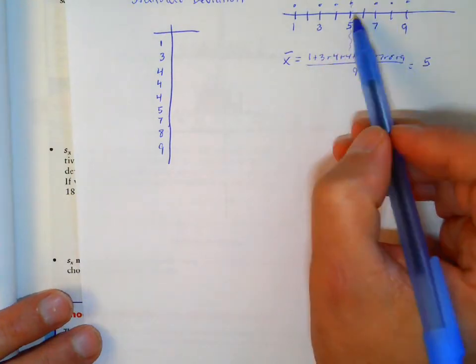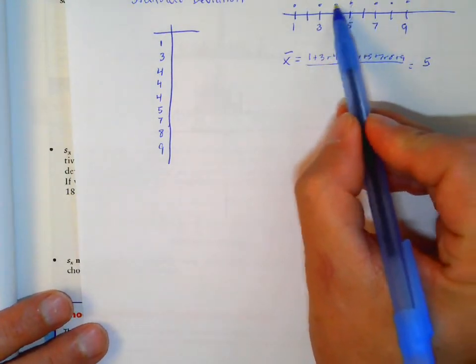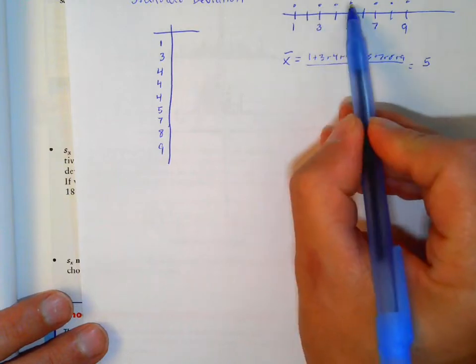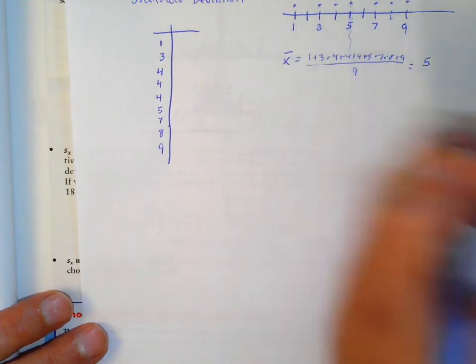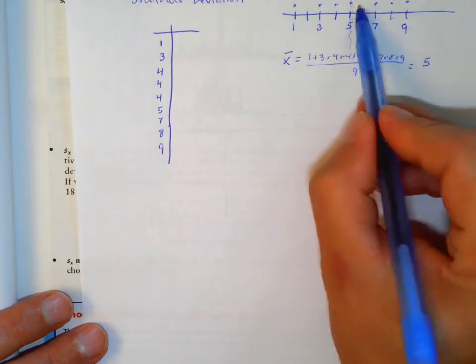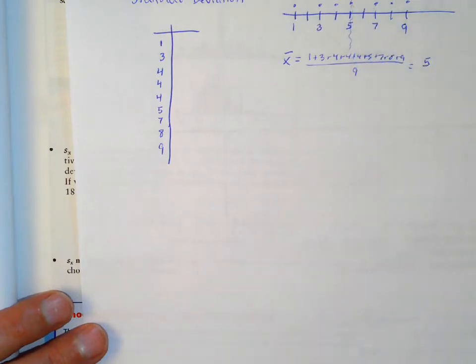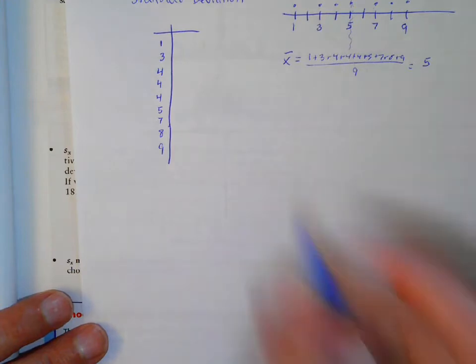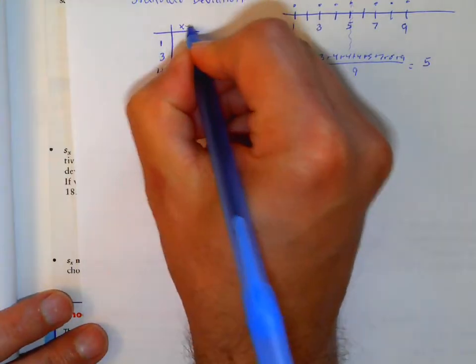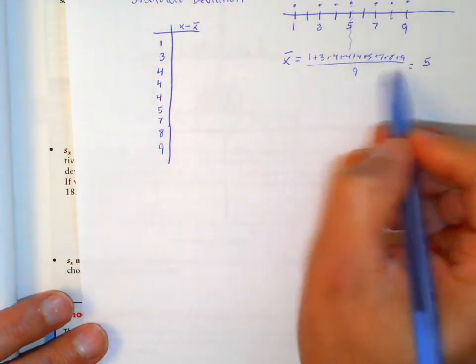So how far away are they from the mean? Well, this one's 4 away from the mean, this one is 2 away, this one's 1 away, and so on. Okay, so we have different distances from the mean. One way to find that distance is to take x and subtract the mean.